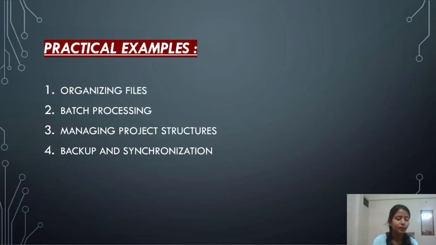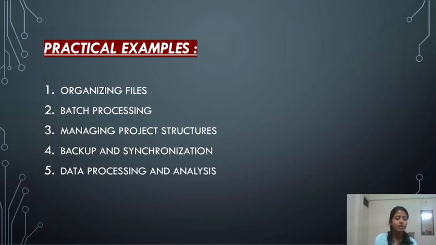Fourth, backup and synchronization. Script for creating regular backups of important files and directories to an external storage device or cloud storage. Automation script to synchronize files and directories between multiple locations. Example: local machine and remote server to ensure consistency.